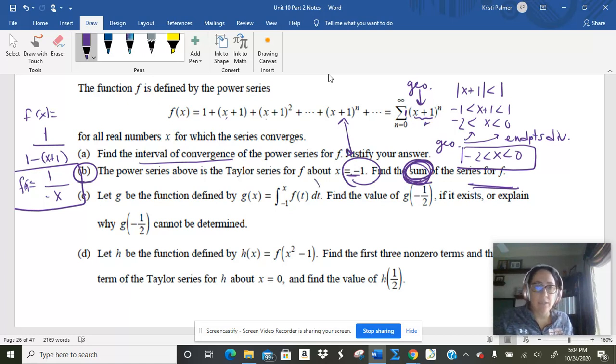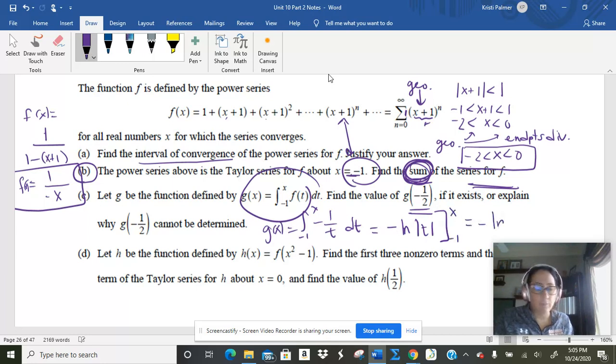Okay, g is now the antiderivative, and it wants me to find g of negative 1/2. So the first thing I have to do is find the antiderivative. You could either do it up here, or you could do it right here. So I'm going to take this antiderivative and put in a t value for what we just saw. So this is the negative ln of the absolute value of t evaluated from negative 1 to x.